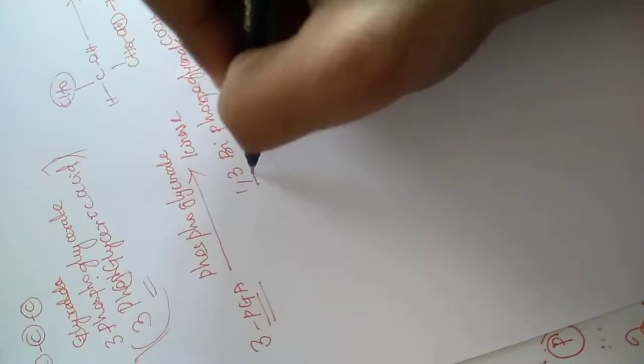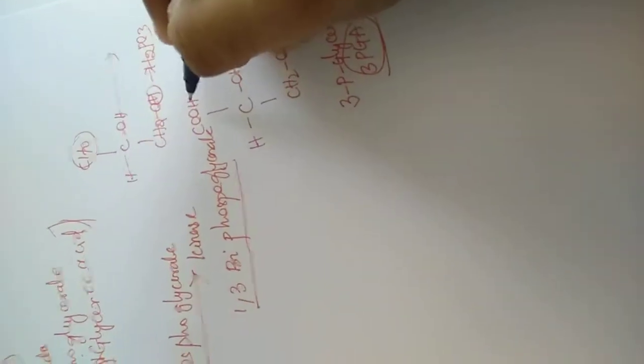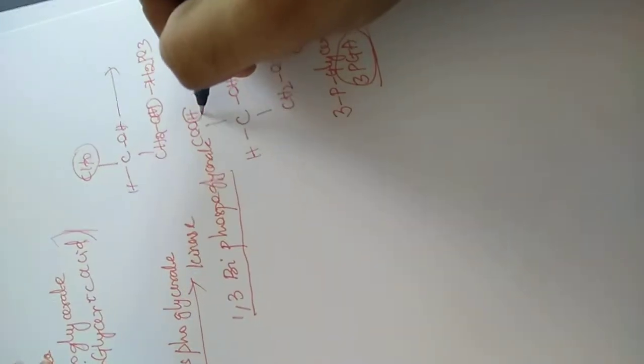And how do you do that? This reaction is just introducing a phosphate group. So what we do is we introduce a phosphate group here. If we replace this H by H2PO3. Now how do we do that?